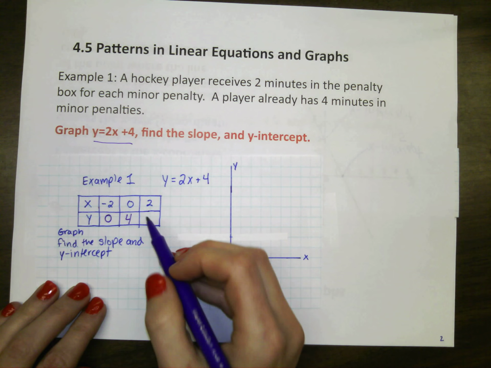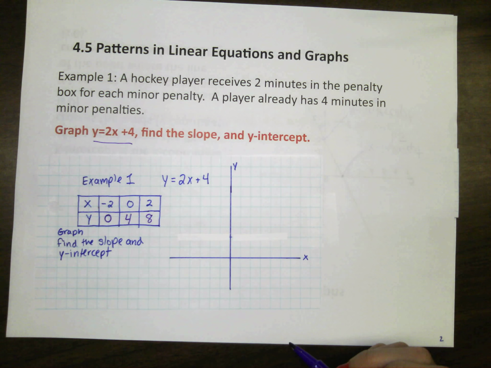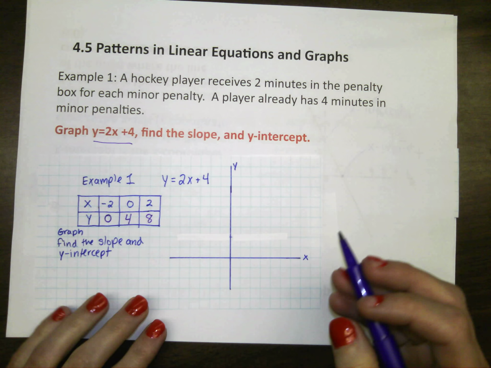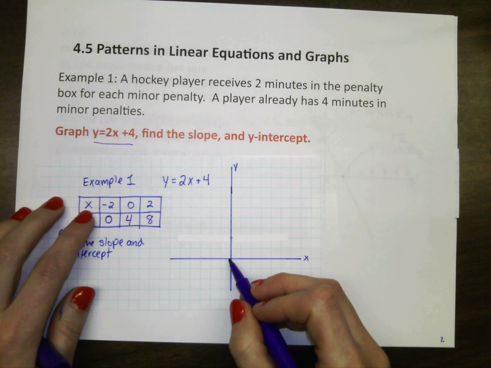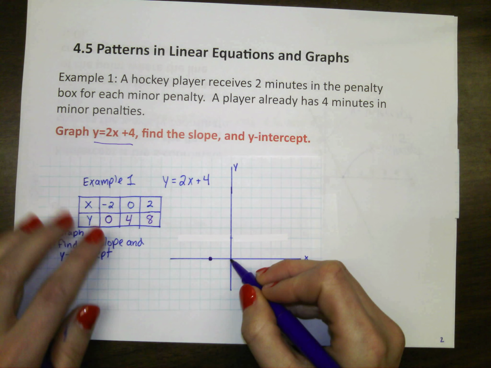If we had 0 more penalties, we would stick with only 4 minutes of penalty time. And then what if we had 2 more penalties? Well, then we'd go up to 8. So now we have a few points we can graph to find the slope.